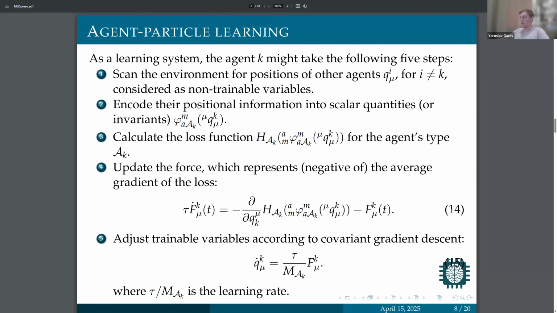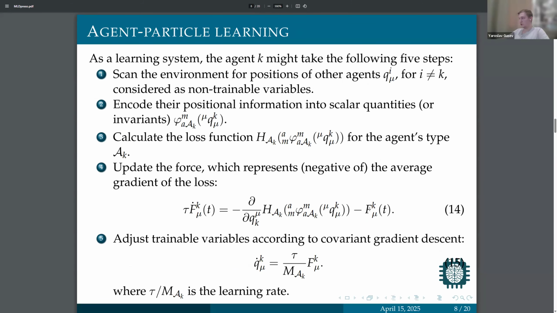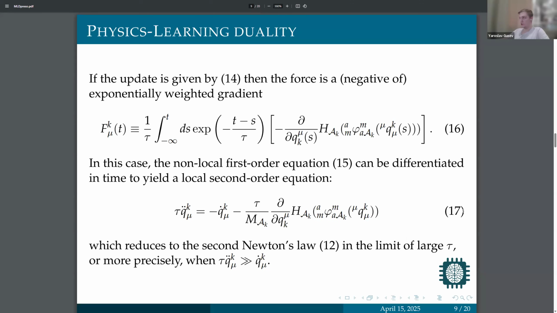But equation 14 just gives you the rule for how you need to adjust your f dynamically, so that you don't need to collect all your gradients and then integrate them. You can just adjust them. By adjusting your f according to equation 14, you will effectively get the exponential average.